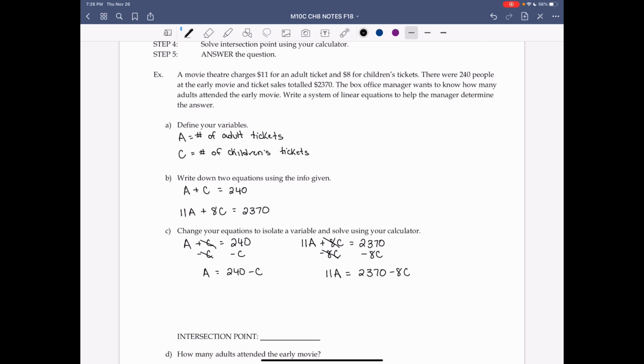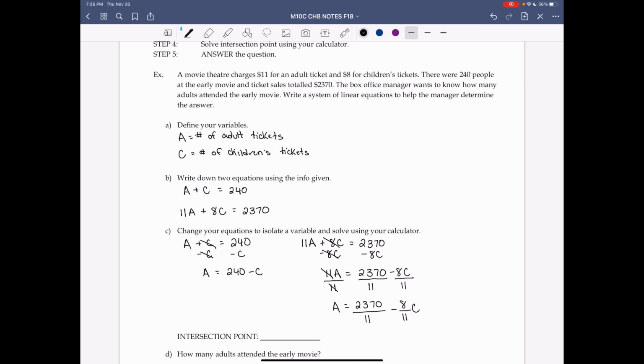I want 1A, not 11A, so I have to divide all of the terms by 11. 11 divided by 11 is 1. I get A equals, I'm not even going to worry about simplifying for these questions. I'm not going to worry about simplifying fractions. Just going to leave them as they are because we're just putting it into our graphing calculator anyways.